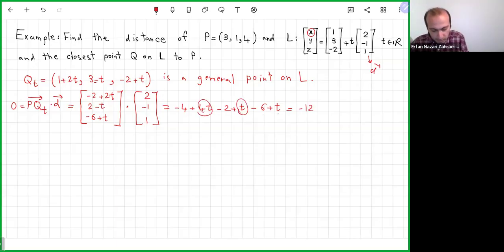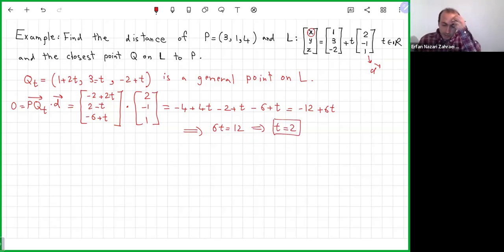Adding t terms, the coefficients are 4, 1, 1, so in total 6t. So this implies that 6t equals 12, or t equals 2. I found the location of the closest point on the line to P.